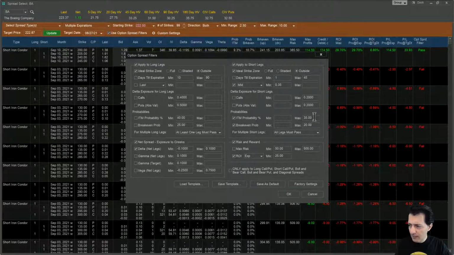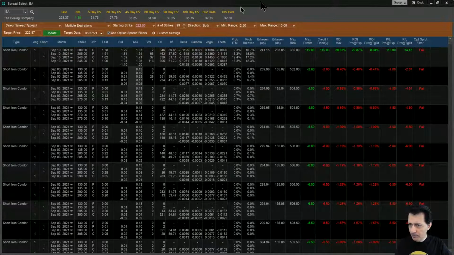Even if I set my probabilities to be a bit less, like let's say 20, 15, for example. So now everything fails, okay? And let me sort just in case. But you can see now everything fails, meaning that the parameters of return on investment are not being met. And while we can create a wider range, then the condor would pay too little to accept it.